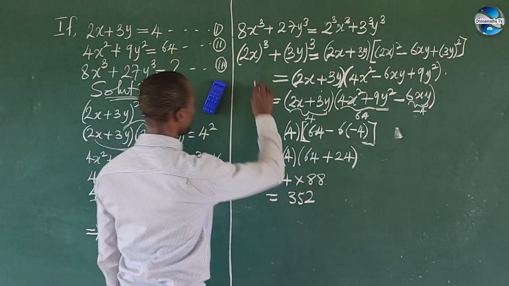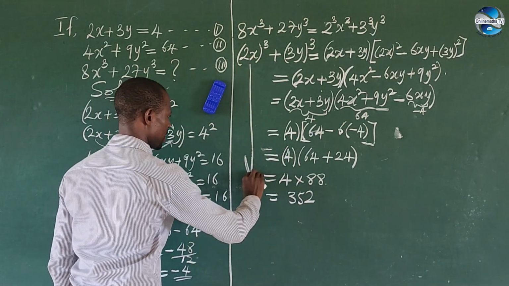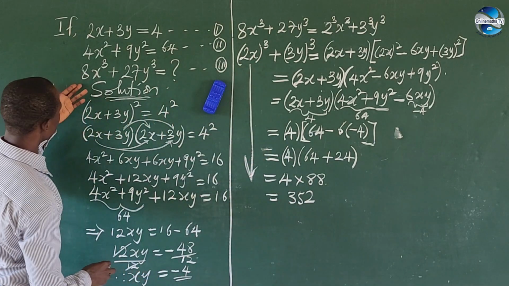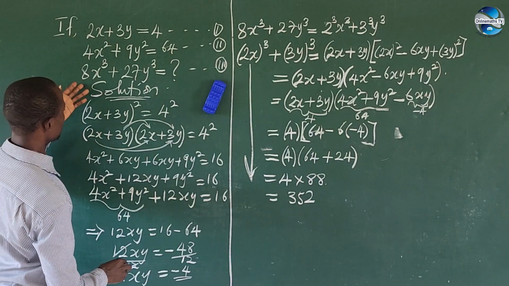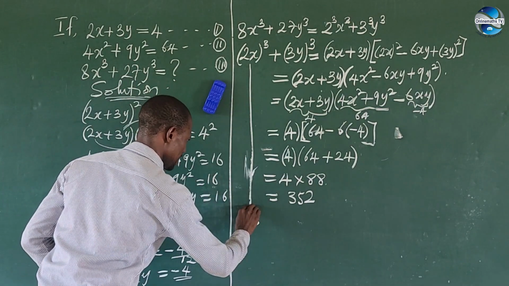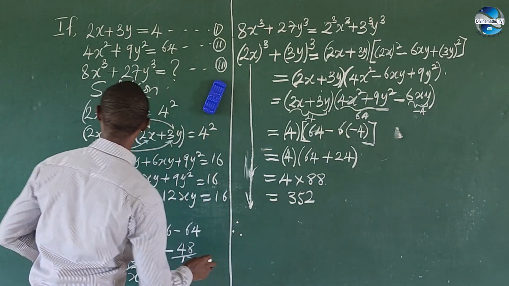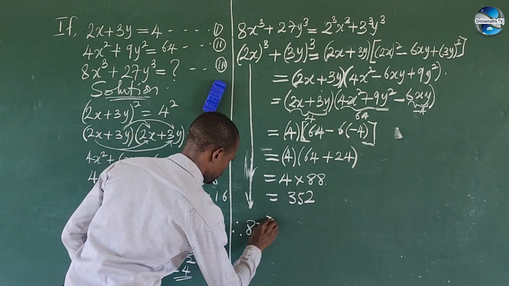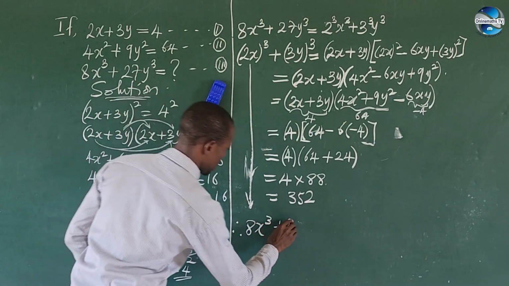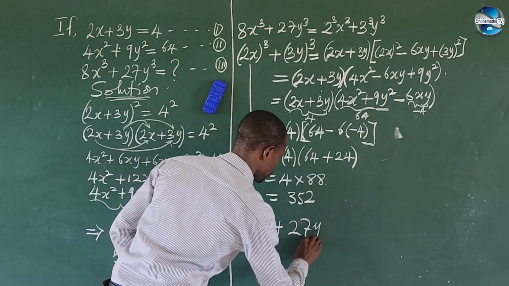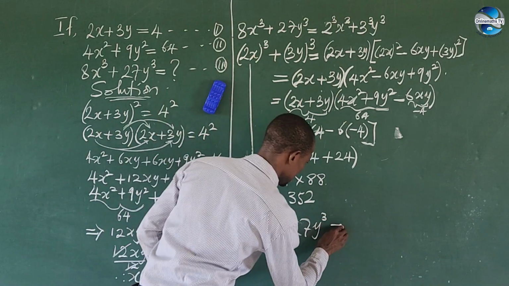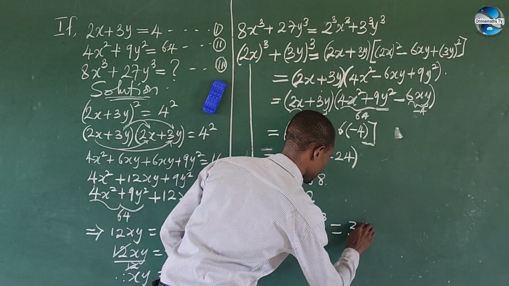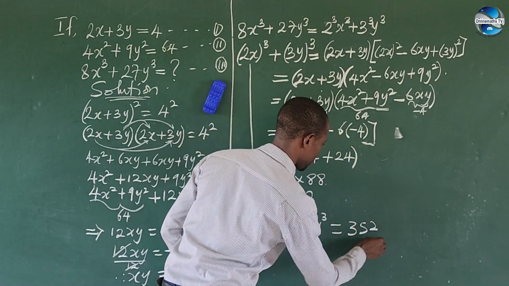So therefore we have the whole of this expression, which is equation 3, down to this side here now. So let's extend it down. We can now say, therefore, what we are asked to look for, 8x to the power of 3 plus 27y to the power of 3, is equivalent to 352.